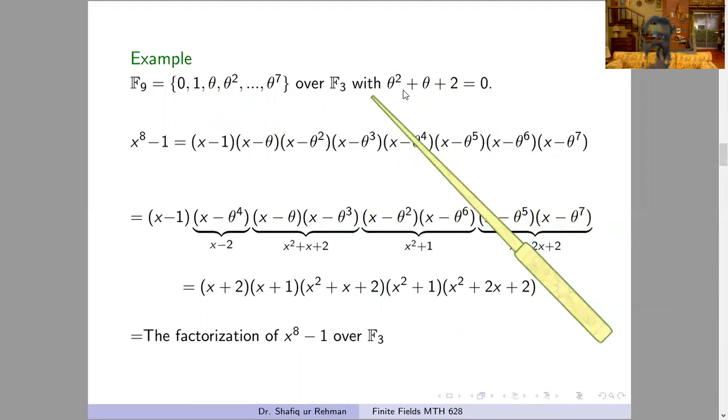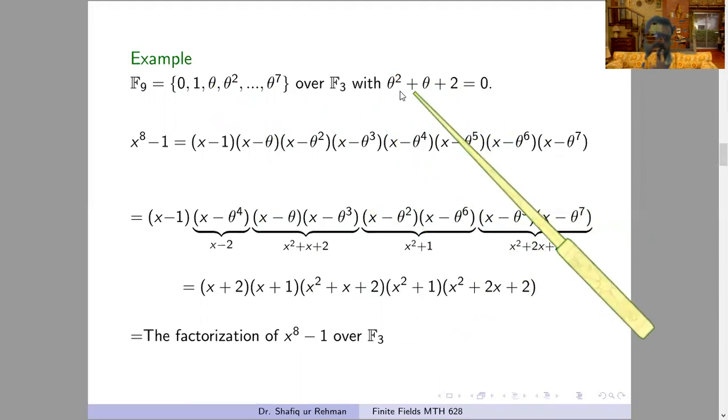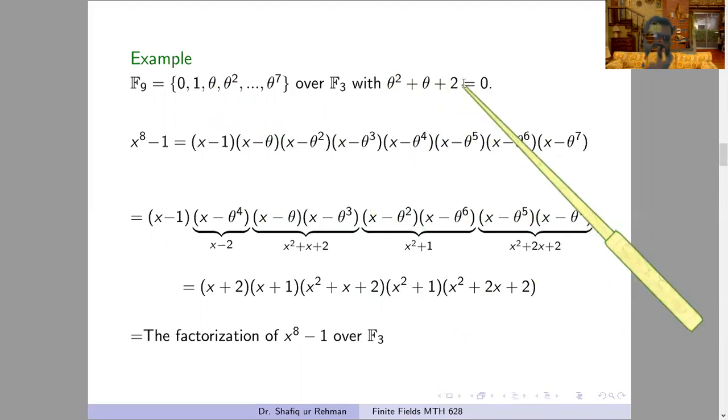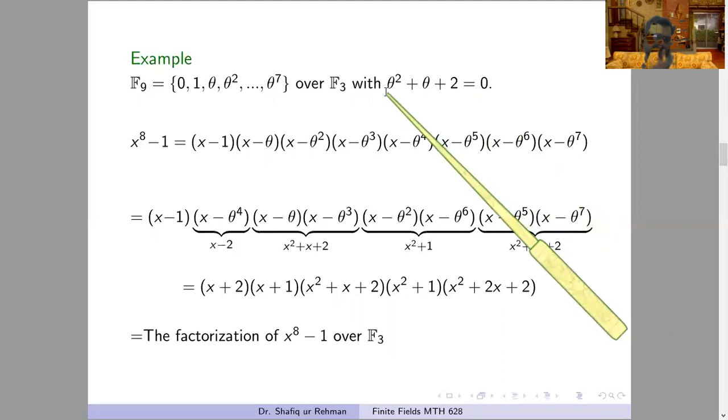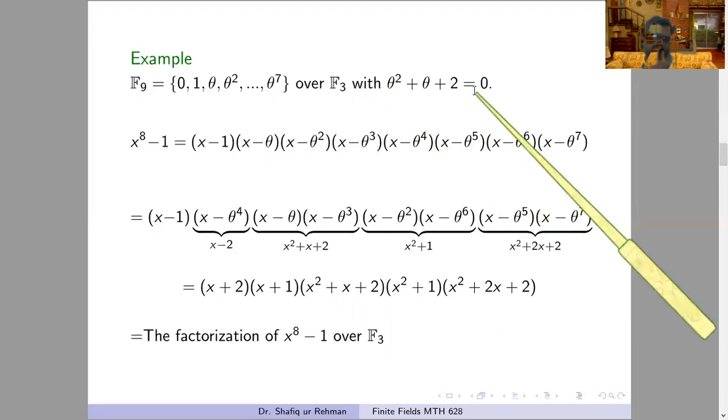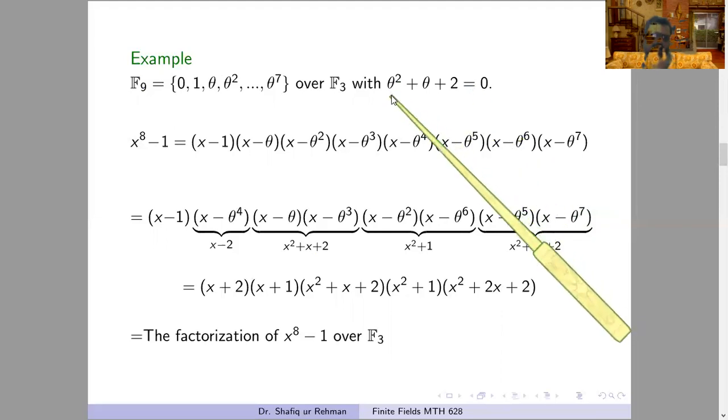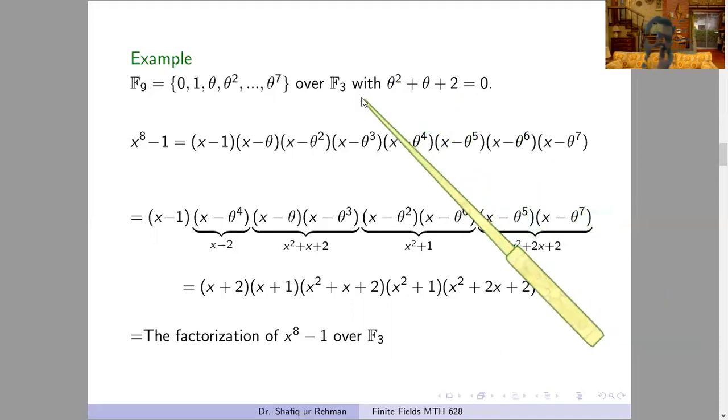So this is the minimal polynomial of theta. We can verify this because it is monic, theta is a root of this polynomial, and x square plus x plus 2 is irreducible over F3.